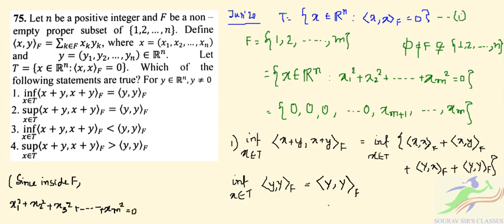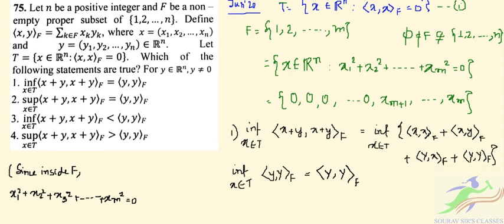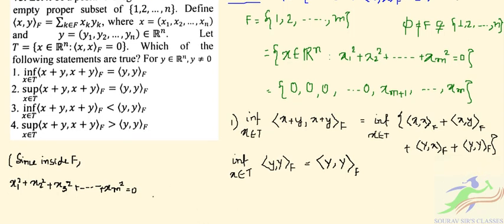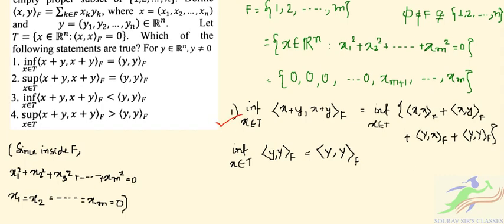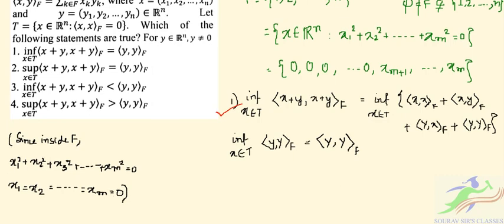So we can also infer from here that x1 equal to x2 up to equal to xm is equal to 0. This will be inside f. So in our case option 1 is correct. Let's check option 2. Option 1 is correct, but option 3 is incorrect.